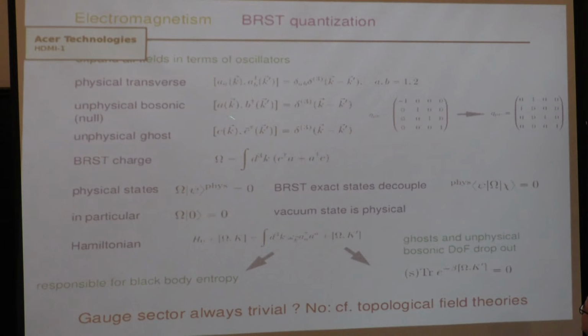So there's the physical bit, the transverse oscillators, and then for the longitudinal and the temporal oscillators, I use a light cone basis. So these are the oscillators A and B in the theory.